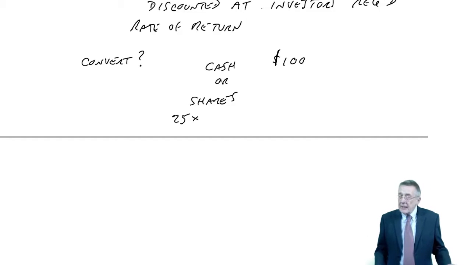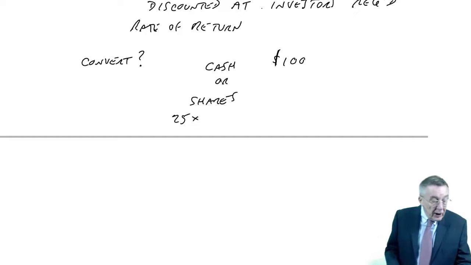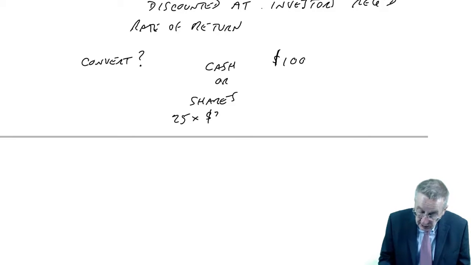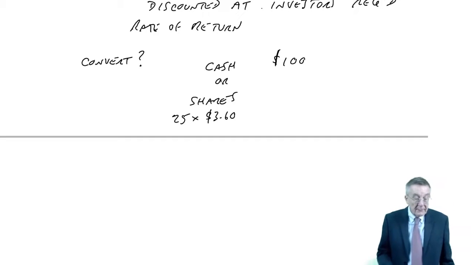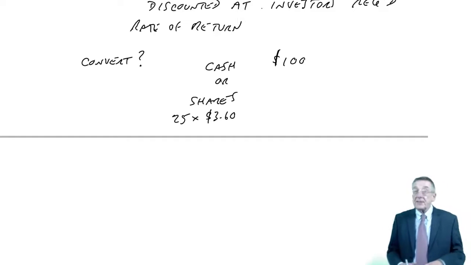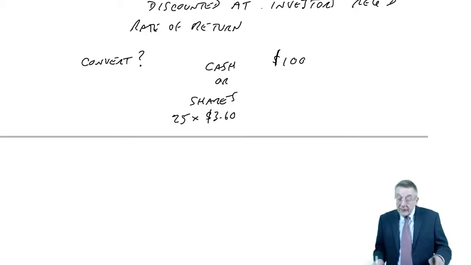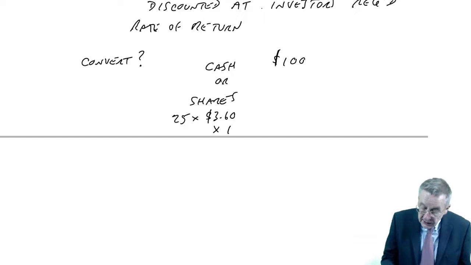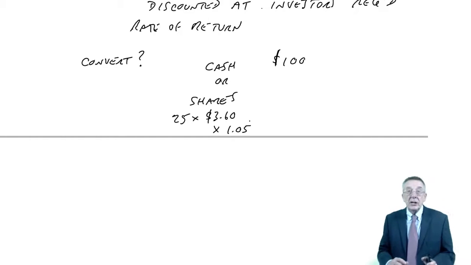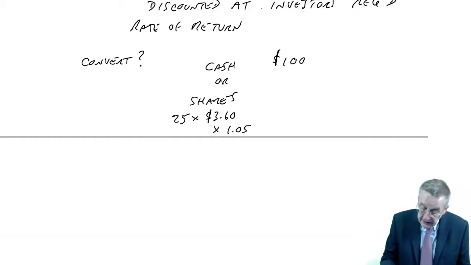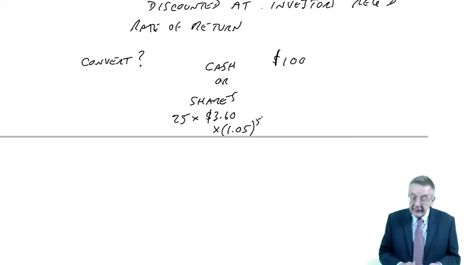And how much do we expect these shares will be worth? The current share price is $3.60. But we're expecting growth to be 5% a year. So in 5 years' time, multiply by 1.05 each year to grow it, to the power 5 for 5 years.